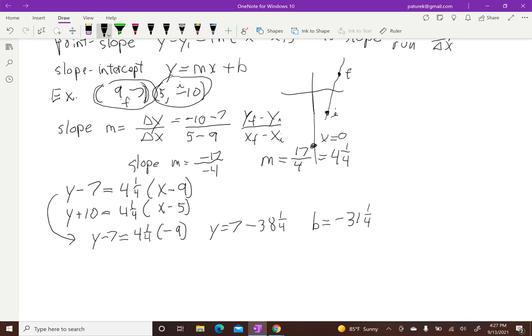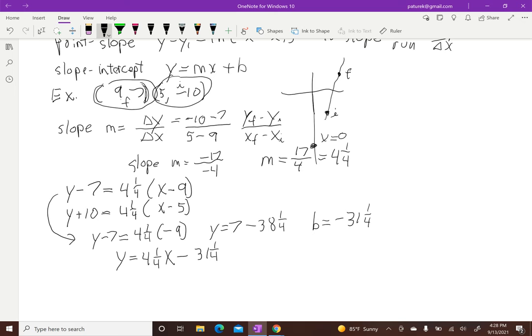So in slope-intercept form, this looks like y is equal to 4 1/4 times x minus 31 1/4, if I did that correctly. 7 minus 38. Well, I still think that's negative 31 1/4. Yeah, still think so. Okay, so there it is in slope-intercept form.